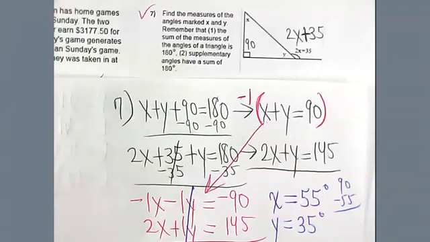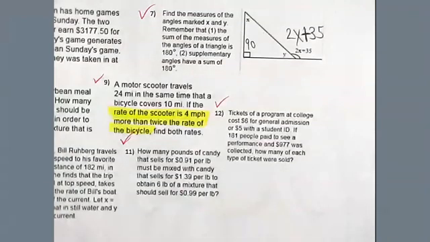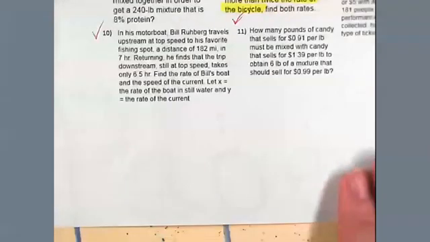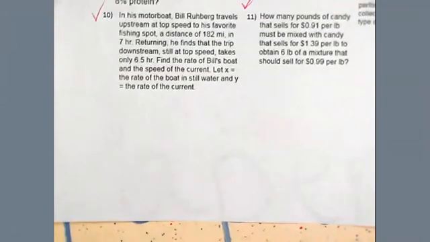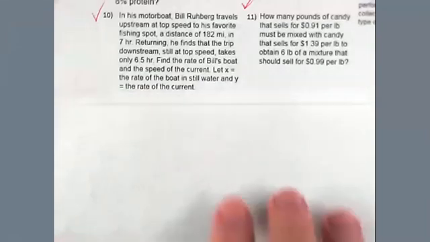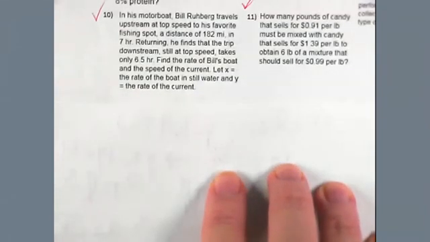Okay, I want to go over a rate problem with y'all. Very similar to number 3, as far as setting it up. Let's look down at number 10. In his motorboat, Bill Rumberg travels upstream at top speed to his favorite fishing spot, a distance of 182 miles in 7 hours.